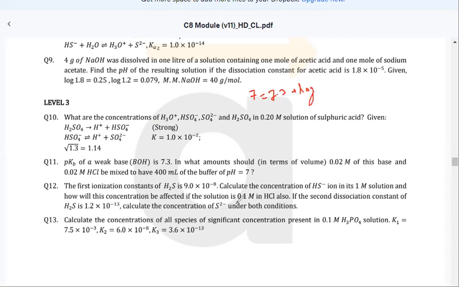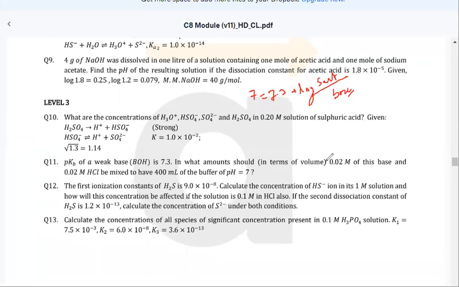Now, the question was, in what amount should 0.02 molar of this base and 0.02 molar HCl be mixed to have 400 milliliter of buffer with salt by base ratio?